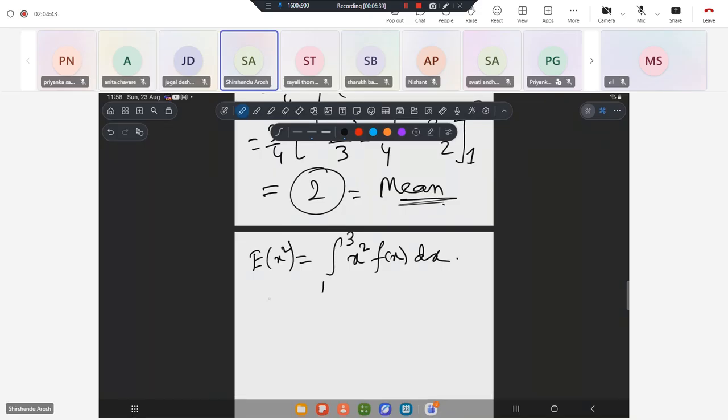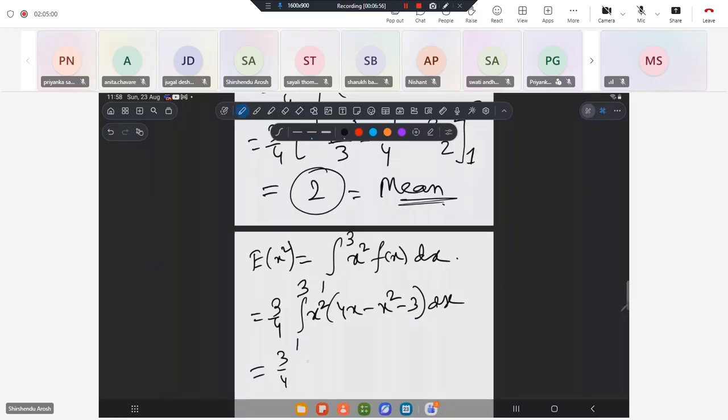So let's now multiply it by x squared. Same process, the multiplications will change to the x. So 3 by 4, from 1 to 3, 4x cube minus x to the power 4 minus 3x squared dx.